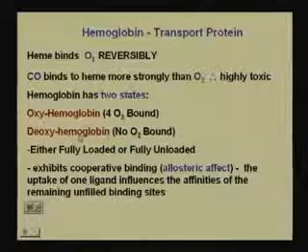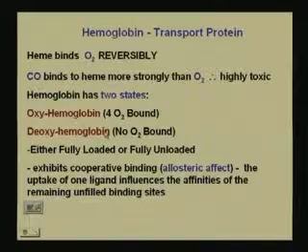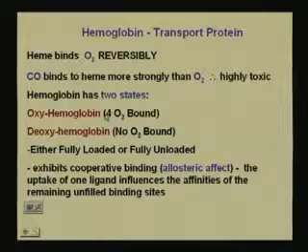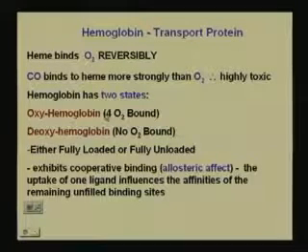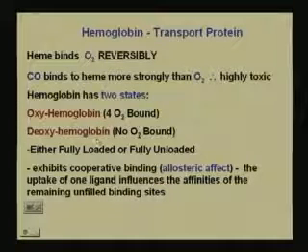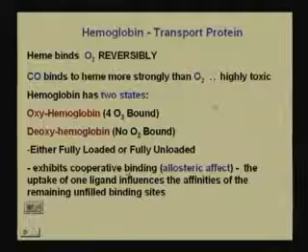No oxygen bound is deoxyhemoglobin. So we would have deoxyhemoglobin at a low pressure of oxygen, and oxyhemoglobin at a high partial pressure of oxygen. And we have an all or none situation where it's either oxy or deoxy, and it exhibits cooperative binding.